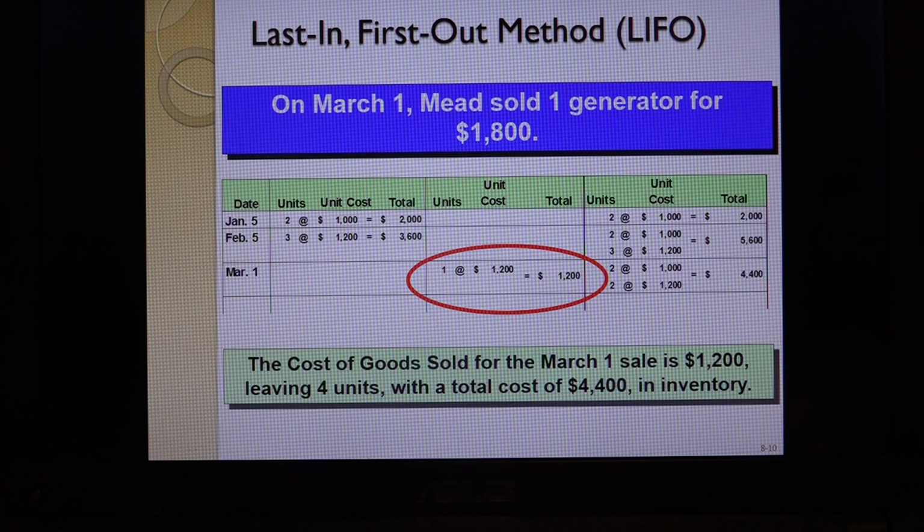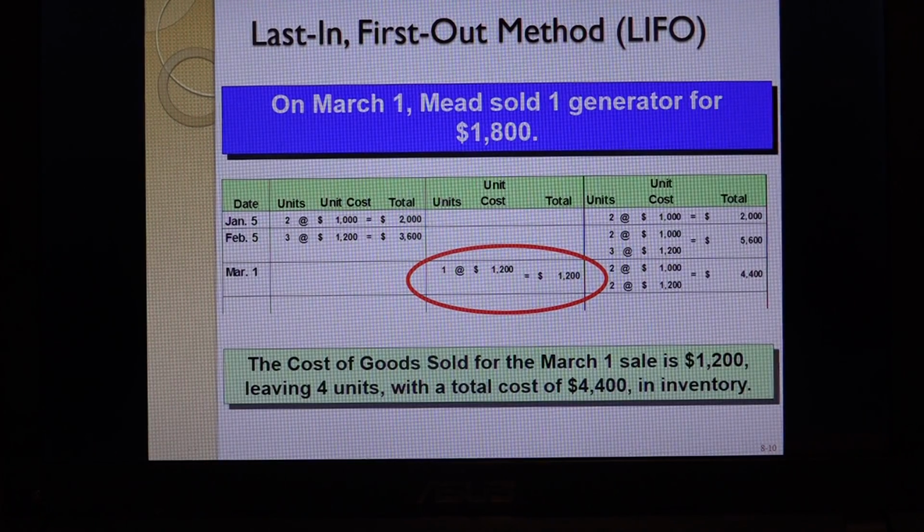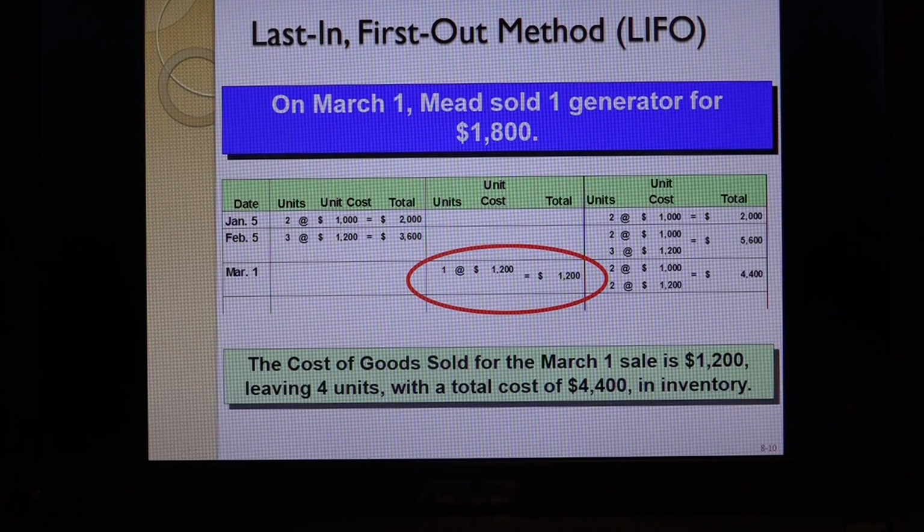If you have inventory that can spoil over time, like bananas, you want to get rid of the oldest inventory. Otherwise, it's going to spoil, and you've got a real problem on your hands. Nothing worse than stinky bananas.